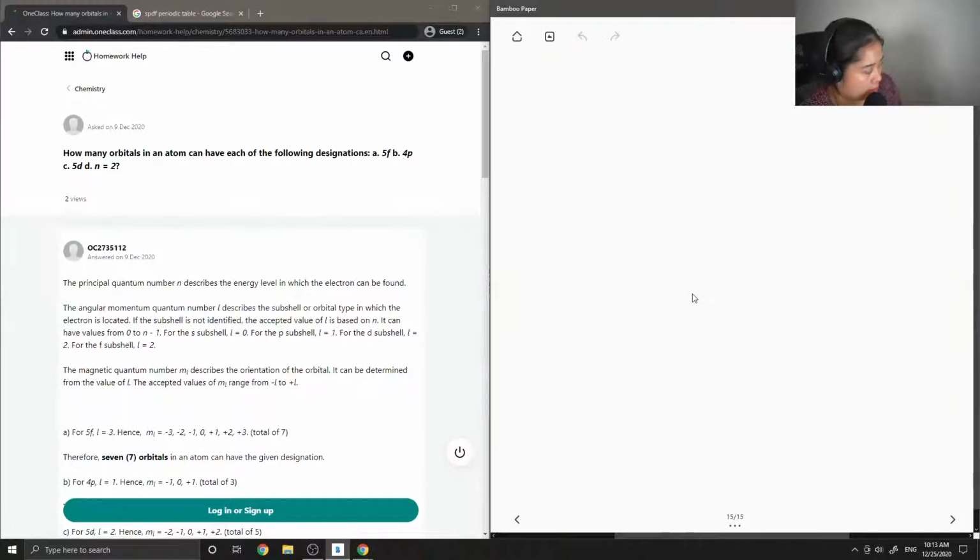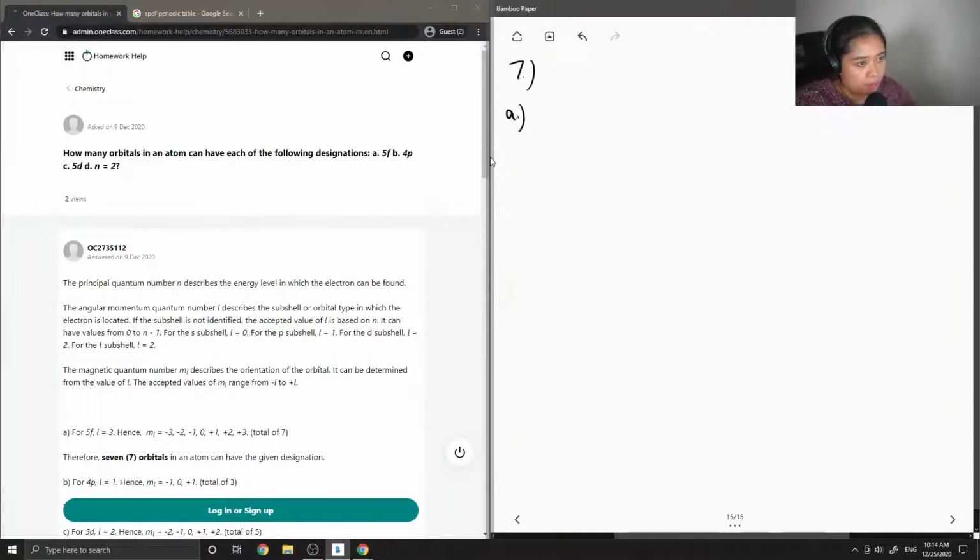Okay, so question number 7. How many orbitals in an atom can have each of the following designations? A, 5F, B, 4P, C, 5D, D, n equals 2. Okay, so to answer this question, I'm going to find all the different quantum numbers for each of these different orbitals.